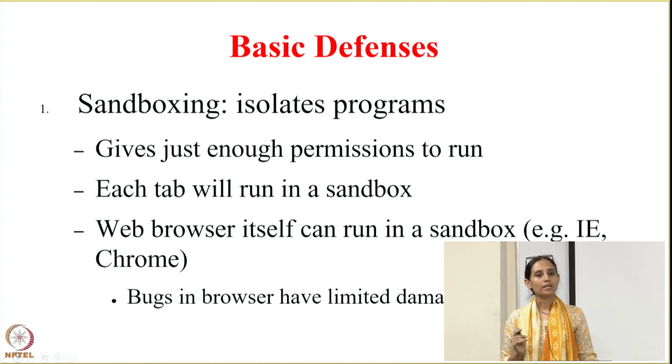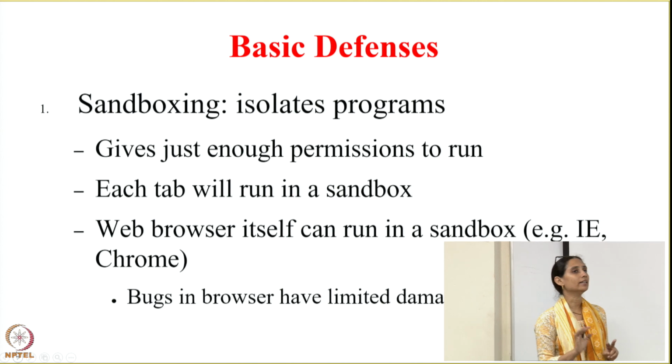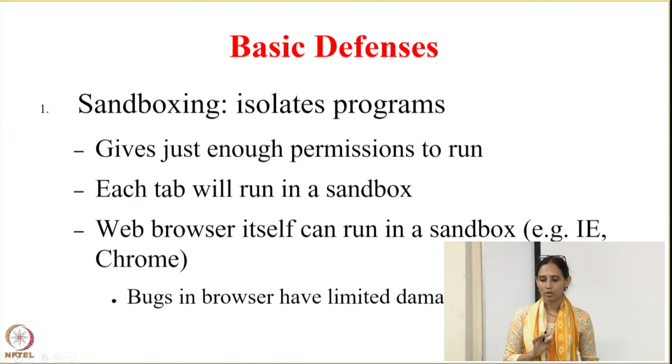Now, when people started building the web, they did pay some attention to security aspects. So when the web itself was built, there are basically two defense mechanisms that are inherent in web browsing. Of course, in spite of these mechanisms, there are still attacks. That is what we are going to cover. But first, let us see what are the inherent mechanisms that are already there.